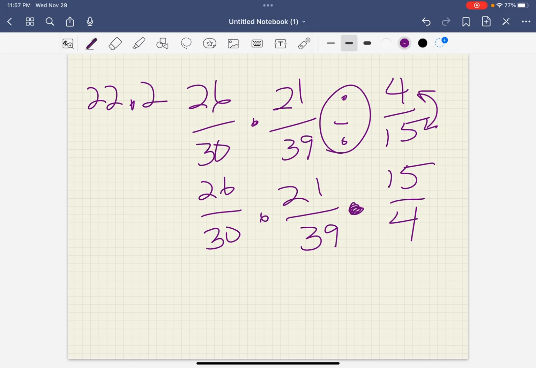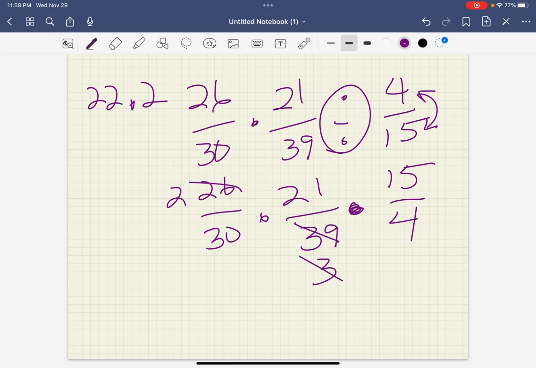I look for the biggest numbers that I can take out of any factor because it makes the fraction small real quick. So I look at 26 and 39 because 13 goes into 26 twice and it goes into 39 3 times. So that took those two down in a hurry.